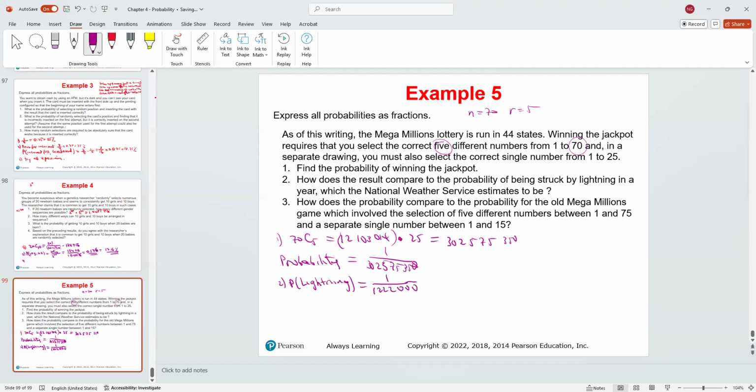The National Weather Service estimates the annual probability of being struck by lightning in the US is 1/1,222,000. Okay.